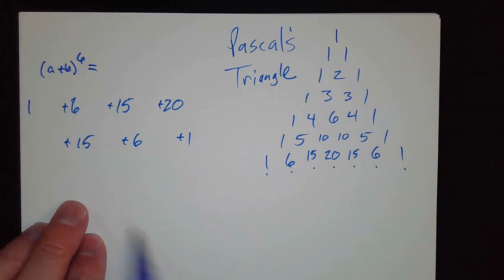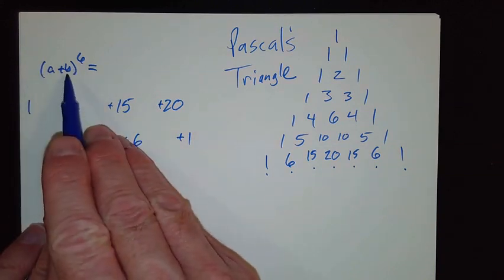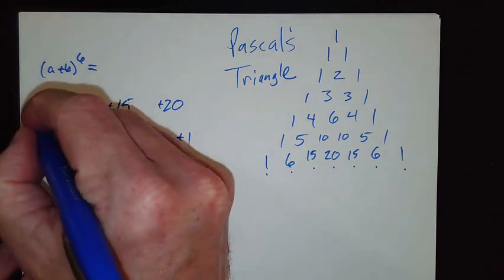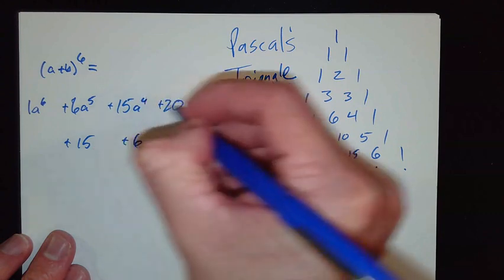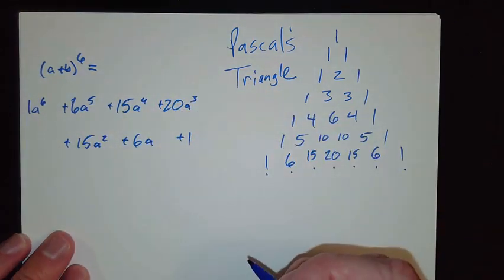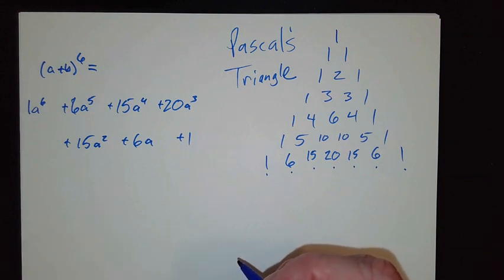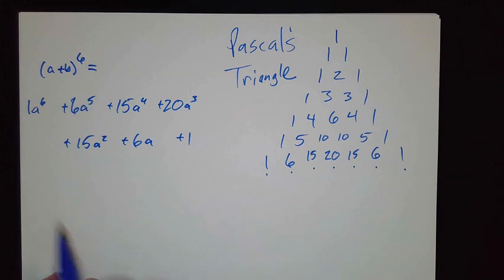And then the terms are going to be either increasing or decreasing powers of a and b. And so I'm going to start with a to the 6th power, and then have a to the 5th, a to the 4th, a to the 3rd, a to the 2nd, a to the 1st, and a to the 0 power, which is just 1. I've got decreasing powers of a, which means I'll have increasing powers of b.